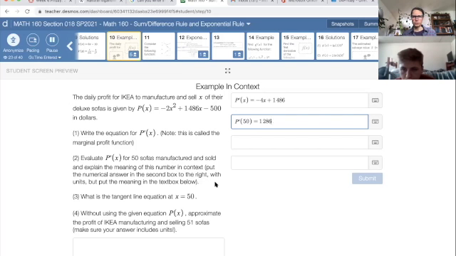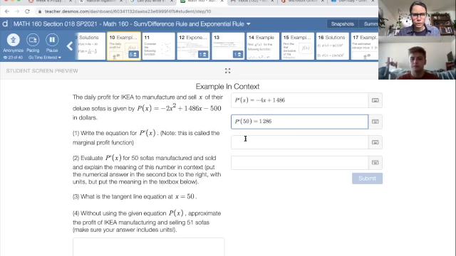Or when they're selling 50 sofas, their profit is approximately changing at a rate of 1,286. Remember that derivatives are telling us about the rate of change. So if you're interpreting a derivative and you're not getting this idea of movement or change, you might want to rethink how you've worded things.